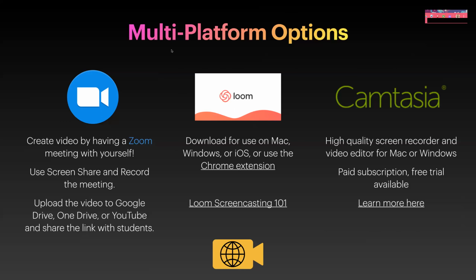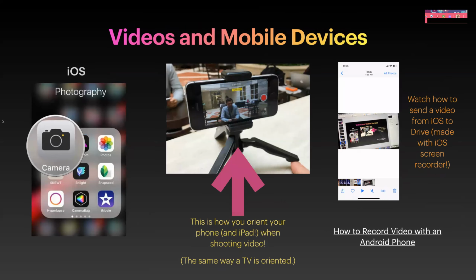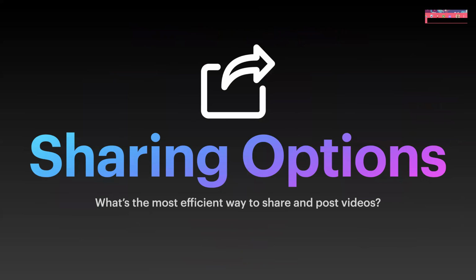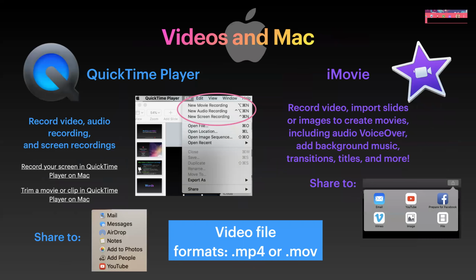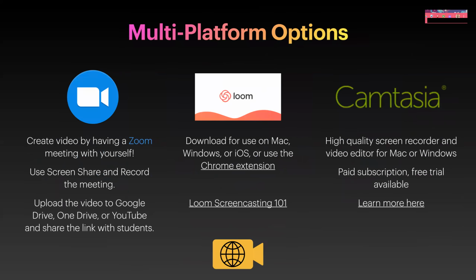And I can then take that file and put it where I want to put it, which is usually YouTube. But you can also upload it to Google Drive. I've done that for private recordings that I only want to share with a select number of people and I don't want it out on YouTube. You can send it to OneDrive if that's how you're sharing things, or to YouTube. So consider using Zoom since so many of us are already using it.